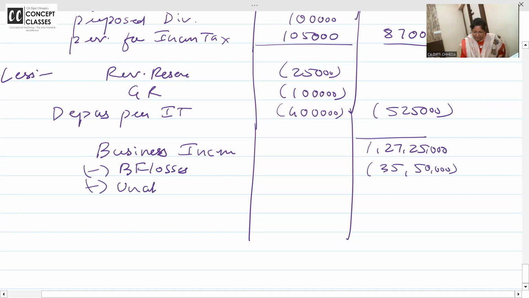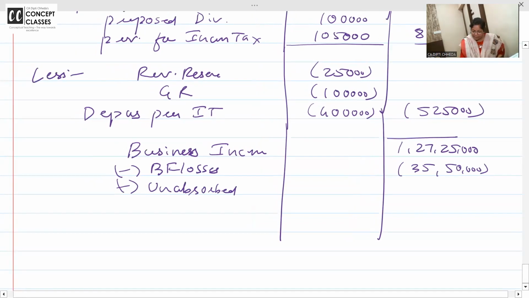Can we deduct unabsorbed depreciation? Ma'am, you said whichever is lower is deducted, that is for MAT. In income tax, both will be deducted. 66 lakhs. So what is your taxable normal income?